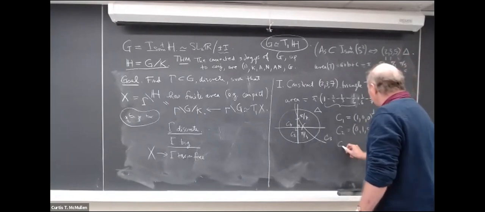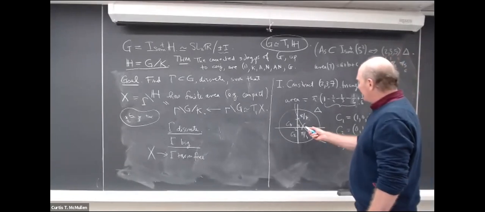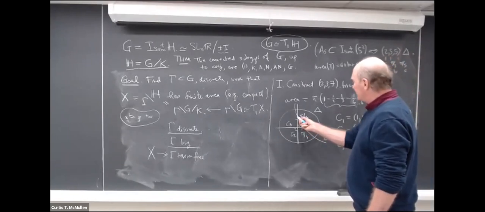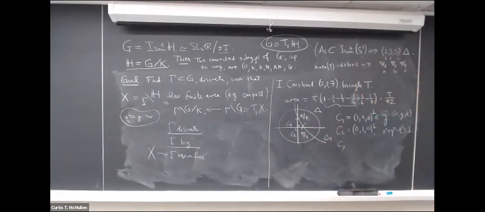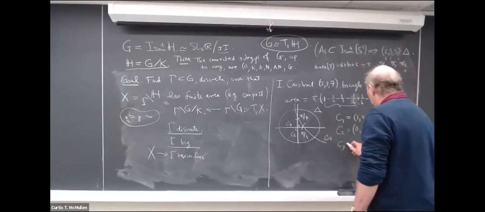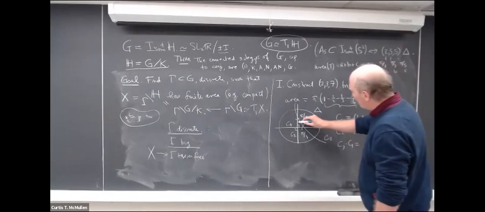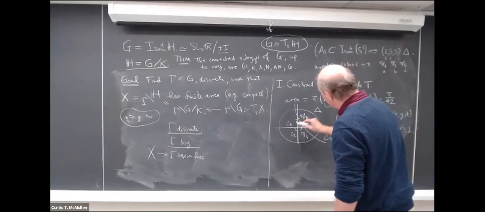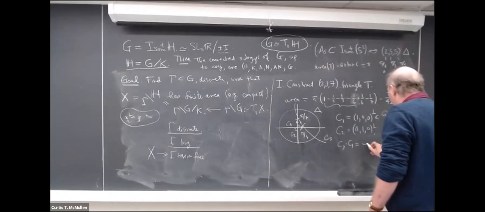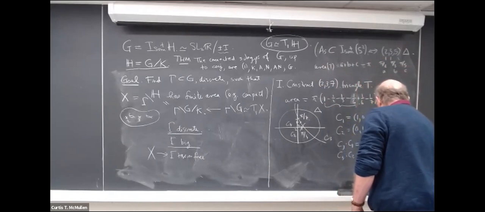And then finally, C3 should have the property that its inner product with C1 and C2 gives these 2 other angles. So C3 should have the property that C3.C1 should be equal to, and remember, we have to put in some arrows here to get the orientations right, minus cosine pi over 3. And then C3.C2 should be minus cosine pi over 7.